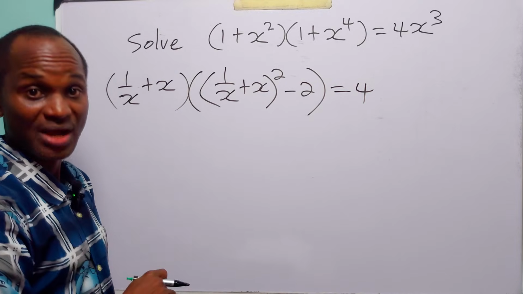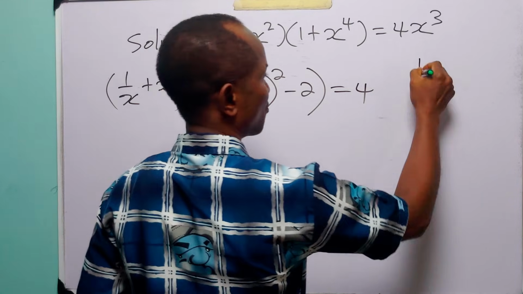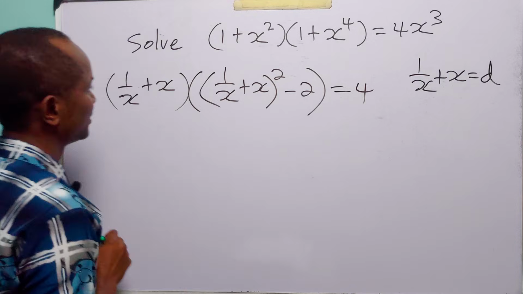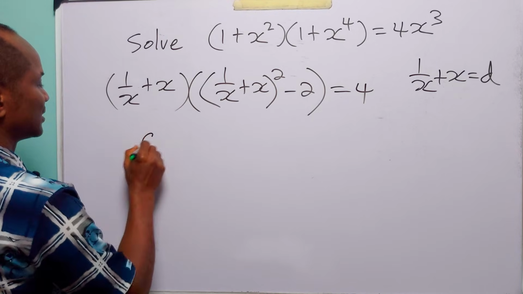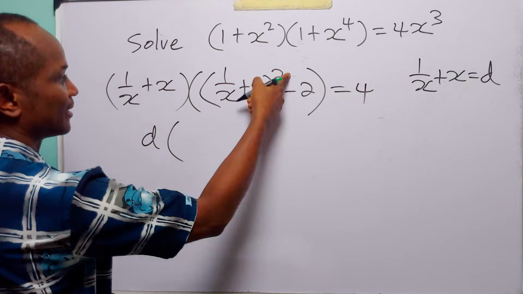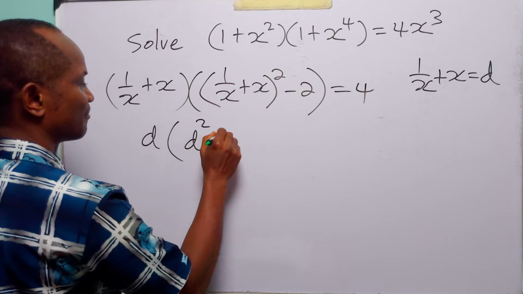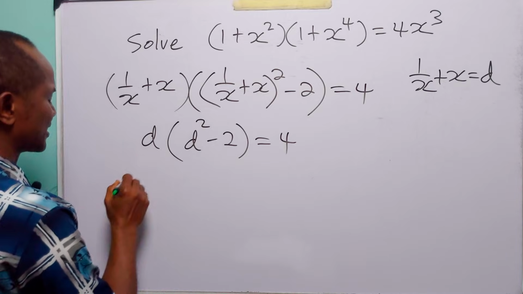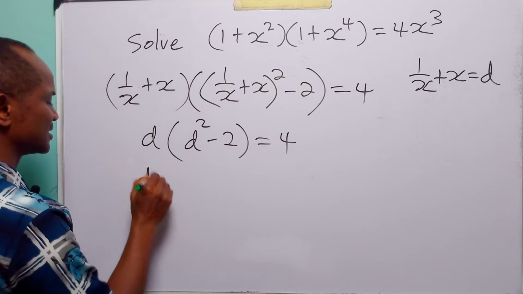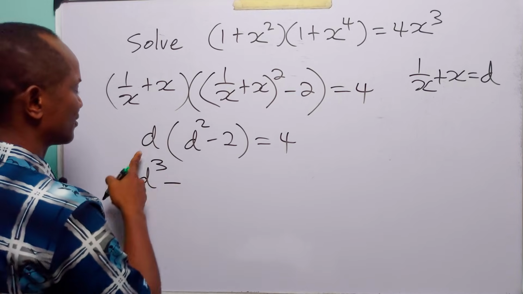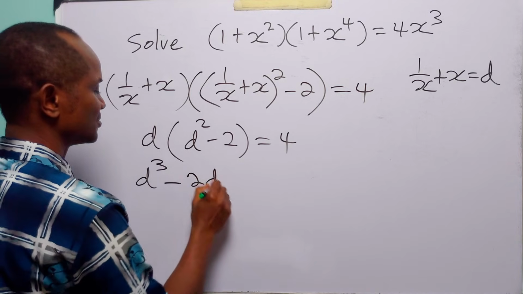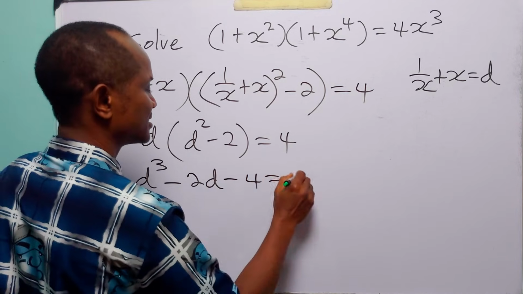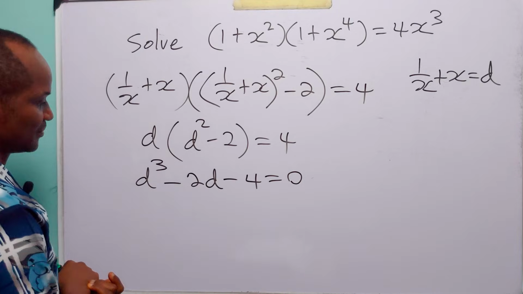Now, to further simplify this equation, let 1 over x plus x be equal to d. Now here we have d multiplied by (d squared minus 2) is equal to 4. Opening this bracket, we have d times d squared, which is d cubed, minus d times 2, which is 2d. And bringing 4 over to the left-hand side, we have minus 4, and this is equal to 0.